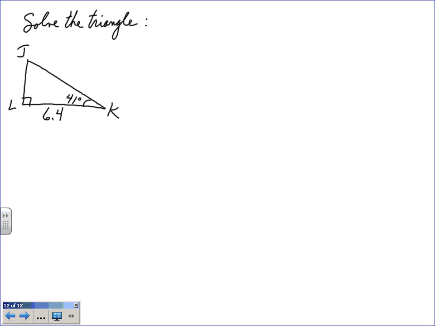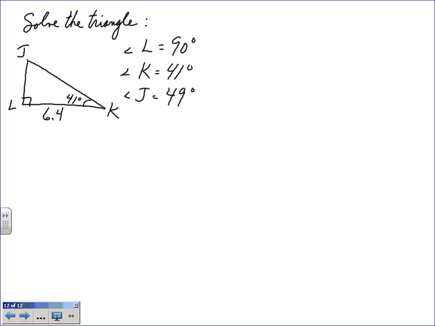So when they say solve the triangle, I want all angles, all sides. Not bad. Angle L is 90 degrees. No problem there. It's given. Angle K, 41 degrees. No problem. It's given. And we can easily figure out angle J, which is 49 degrees.